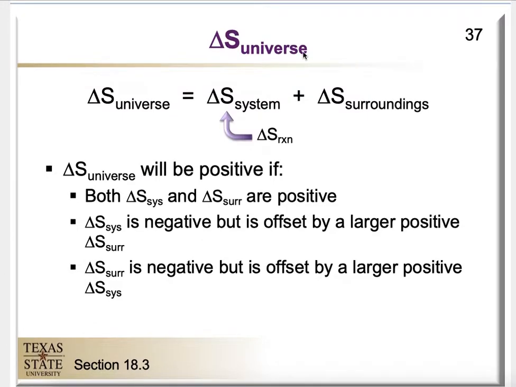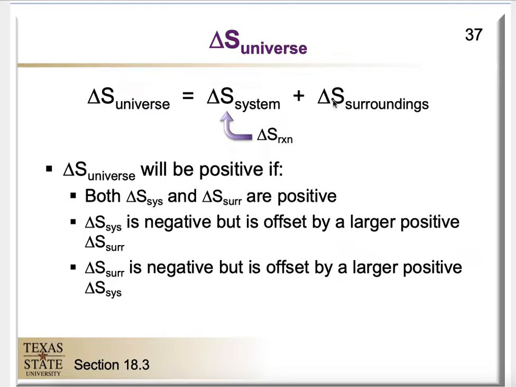Continuing with the same equation, we can see immediately that the entropy change of the universe will be positive if both of these terms are positive, meaning we have an entropy increase for the system and also an entropy increase for the surroundings, or alternatively, if the entropy change for the system is negative but is offset by an increase, a really large change, in the entropy of the surroundings.